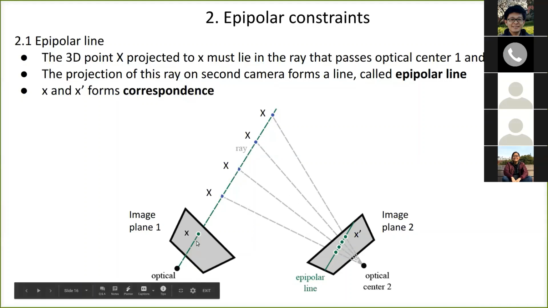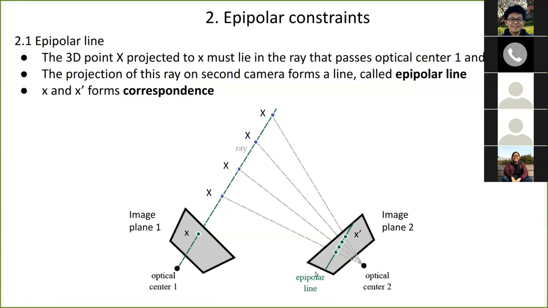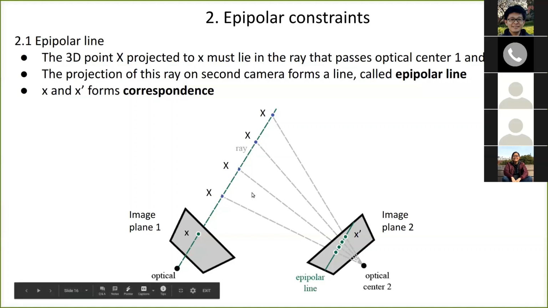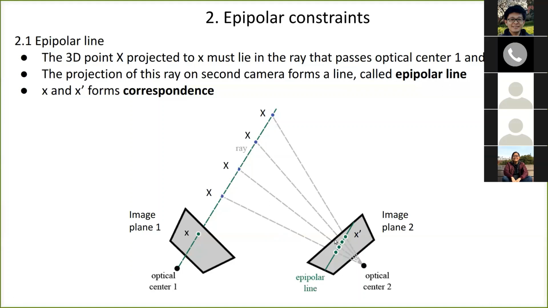And if we connect this optical center, this 2D image point and this 3D point to form a ray and project this ray to another view, we will have the epipolar line shown here. So this gives us a very important hint: in order to find the correspondence, which is the projection of the same 3D point in another view, we can look at the epipolar line in the other view, right?